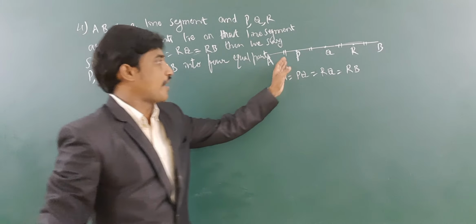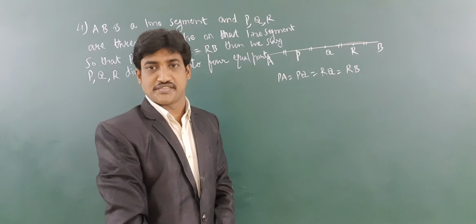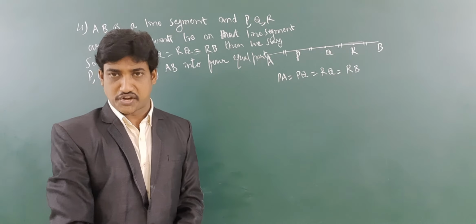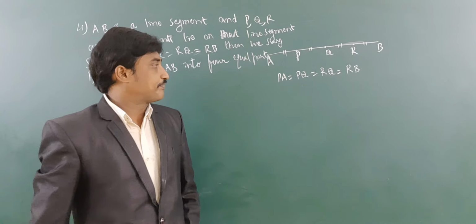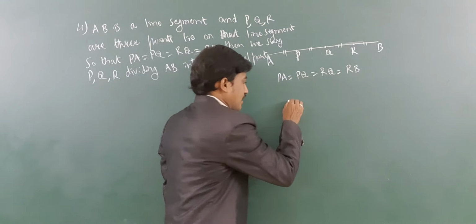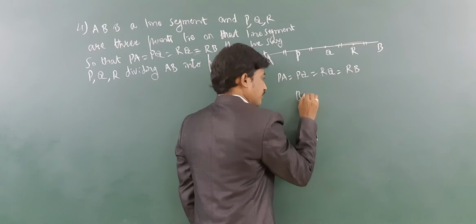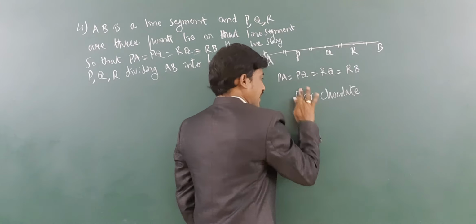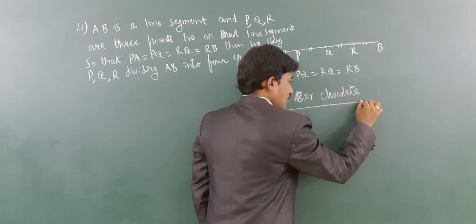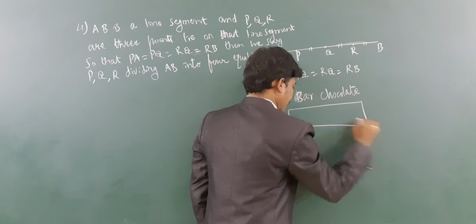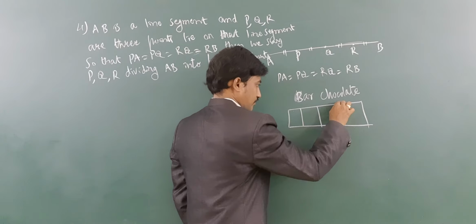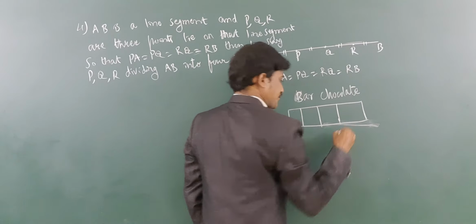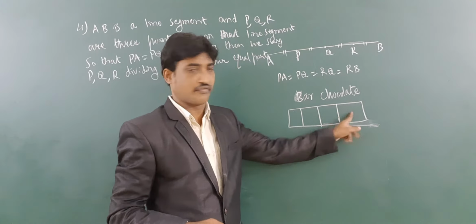When the points are dividing the given line segment into 4 equal parts, let us write the ratio. See, I am taking a bar chocolate which is made into 4 congruent parts: 1, 2, 3, 4.